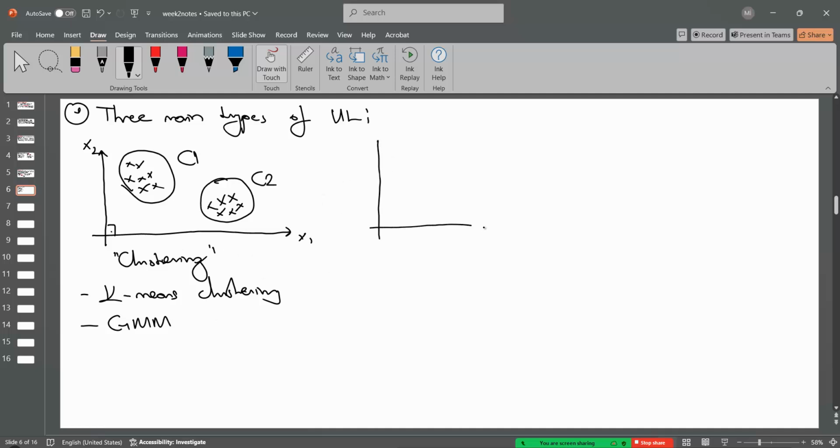Or we can utilize unsupervised learning for dimensionality reduction. Okay? For example, if we have this kind of data, and our region of interest is given just like this one, but this is represented or distributed in x1 and x2 just like this one. We don't have any vertical components in here.